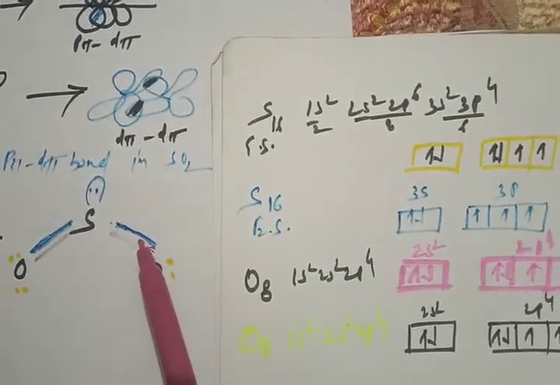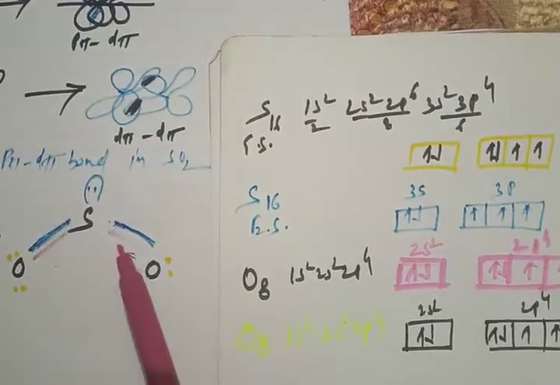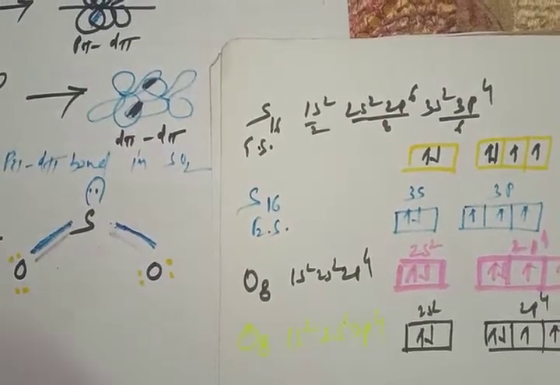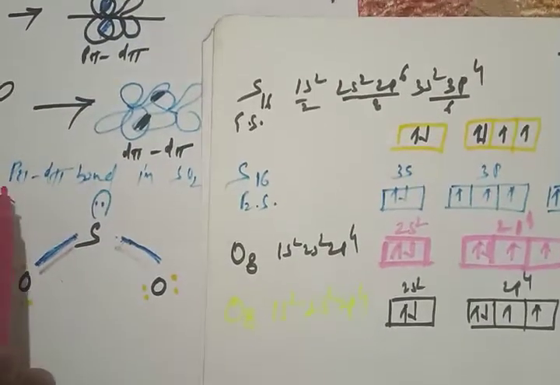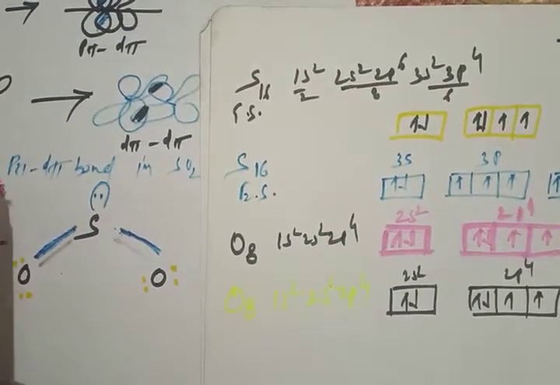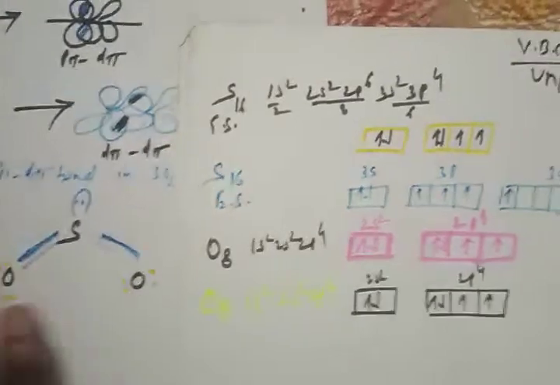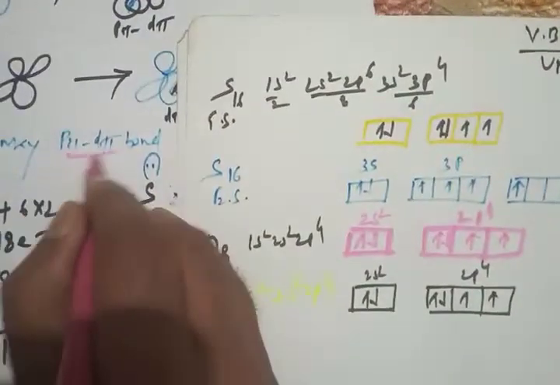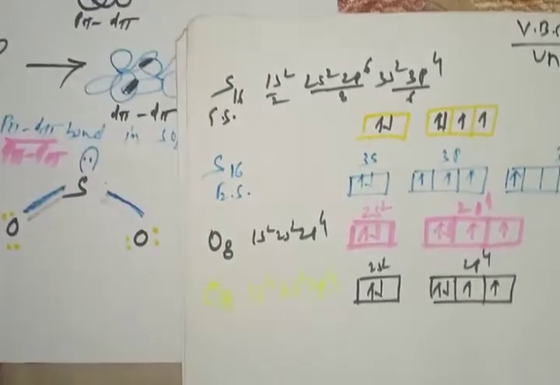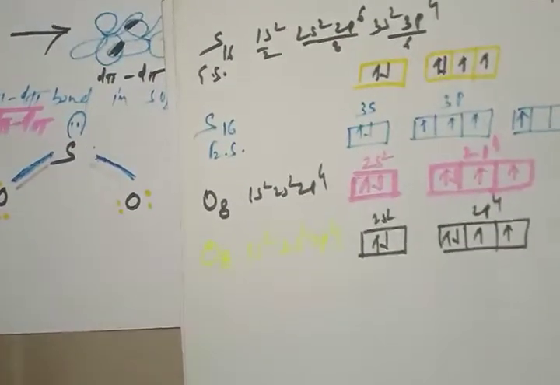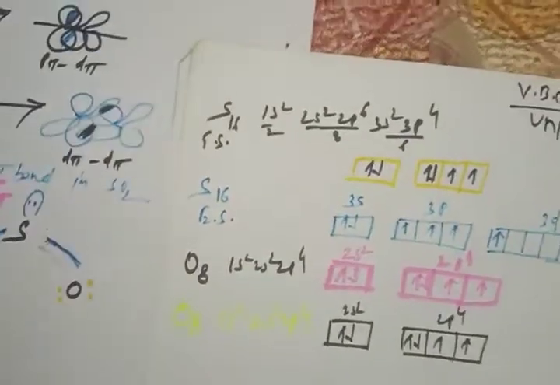That means we have a total of 2 sigma bonds, and one pi bond here and one pi bond here. That means we have a total of 2 pi bonds. Our question is which type of pi bond it is, whether p pi d pi, or you can also write p pi p pi.